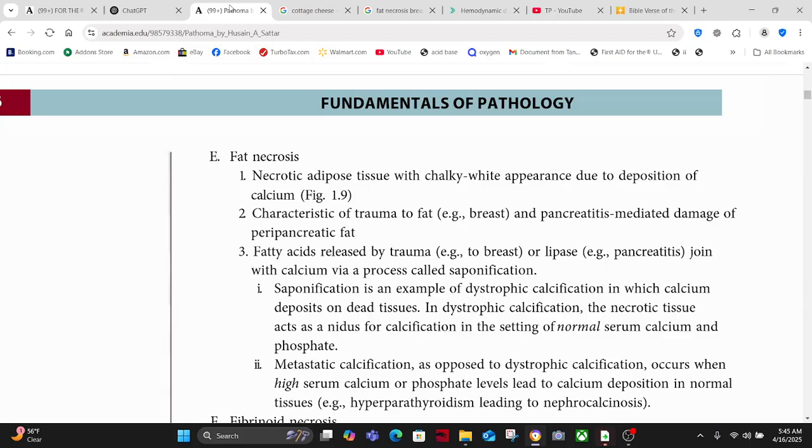So calcium doesn't normally deposit in human tissue, but when it does, it's by either dystrophic calcification or metastatic calcification. We talked about the differences between the two. Okay.